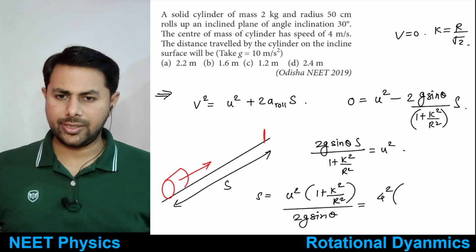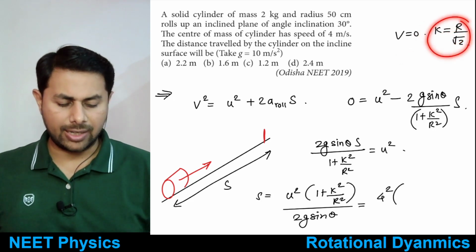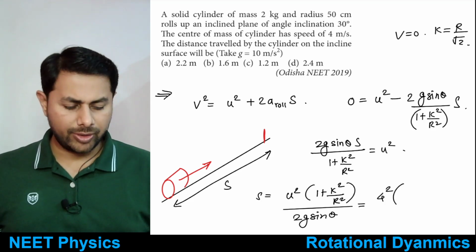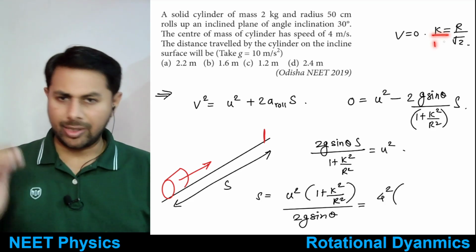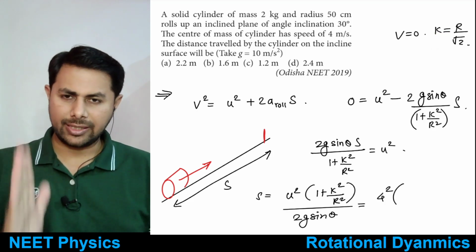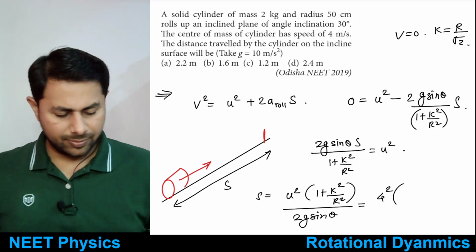Right, for a solid cylinder, k is equal to r divided by root 2. So 1 plus k square by r square would be what? K by r is 1 by root 2. Square of that is 1 by 2. Therefore 1 plus k square by r square is 1 plus 1 by 2, means 3 by 2.